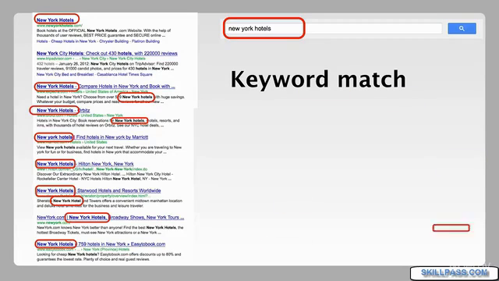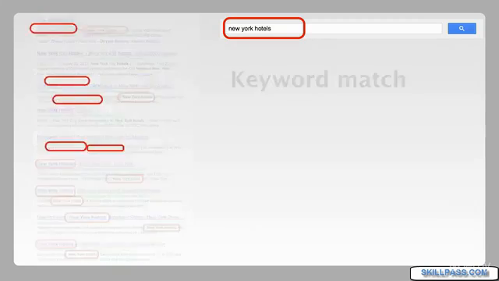You see, when someone types in something like New York hotels, the results are full of snippets, and again, the snippet is that grouping for each website result. And so what we can see here is that the keyword match of New York hotels is throughout nearly every snippet.